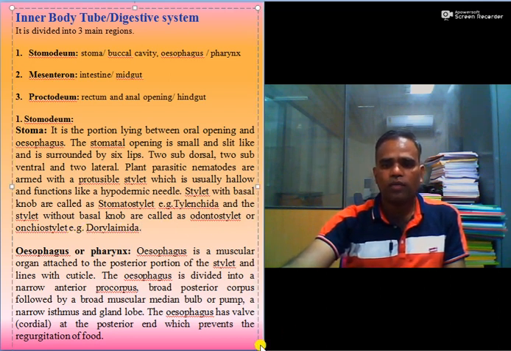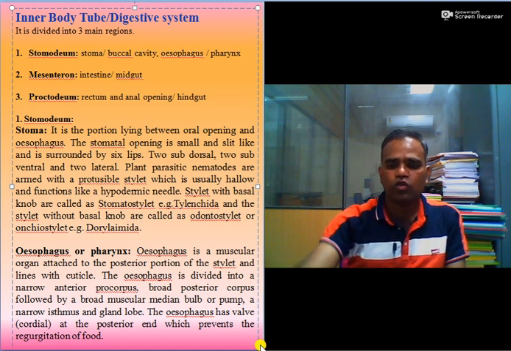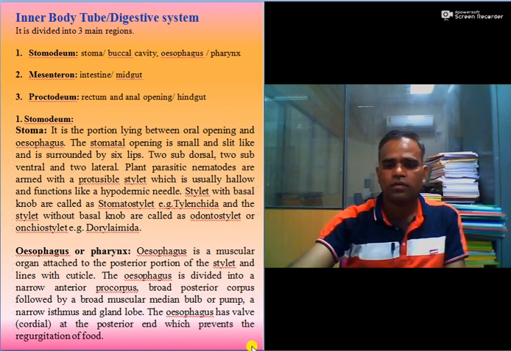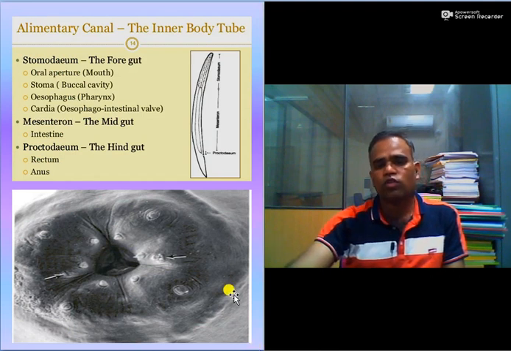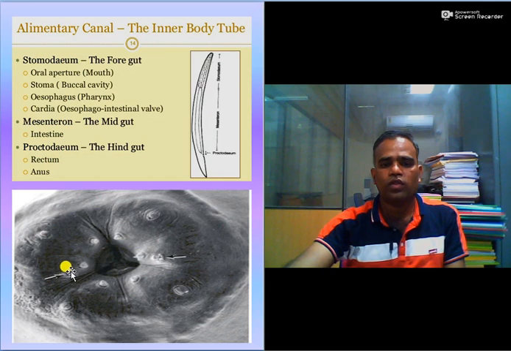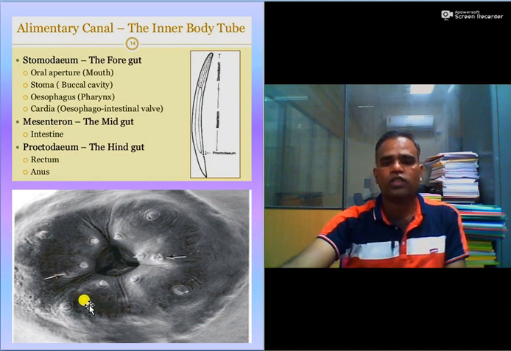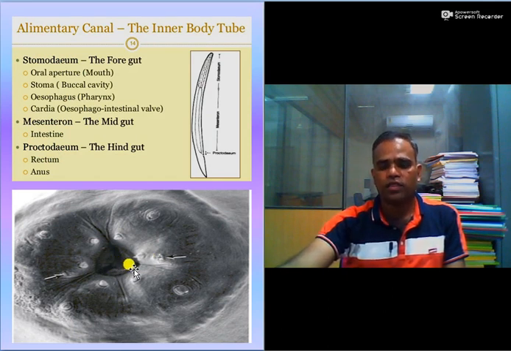In the previous figure we have already seen the stoma. This is the stoma where there are six lips, 1, 2, 3, 4, 5, 6, on which papillae are present. From this region the stylet extends.